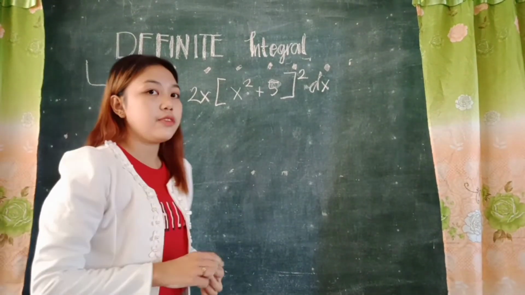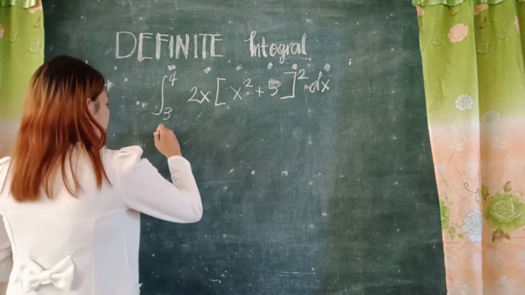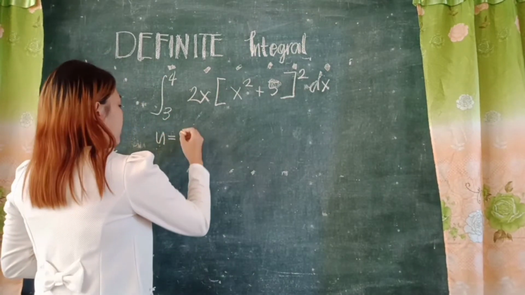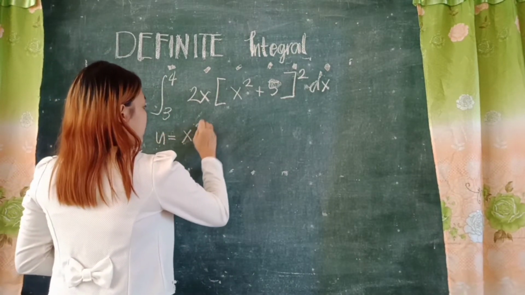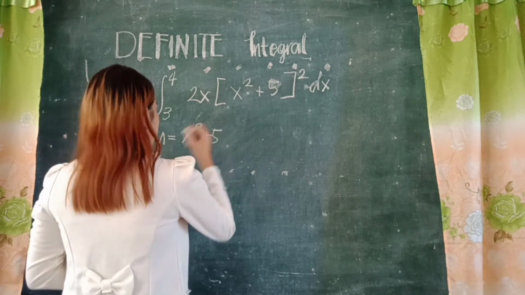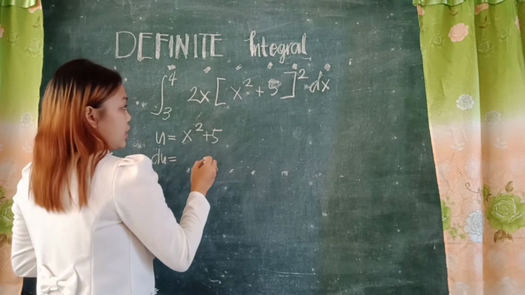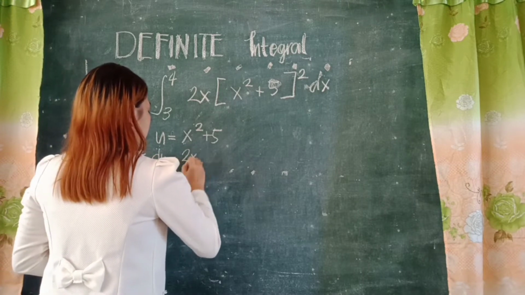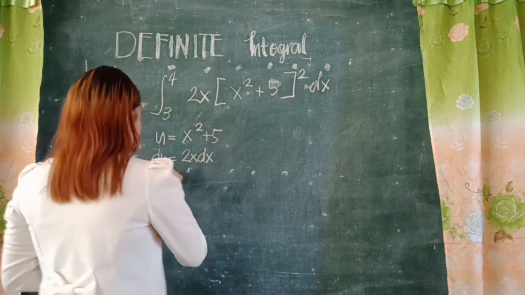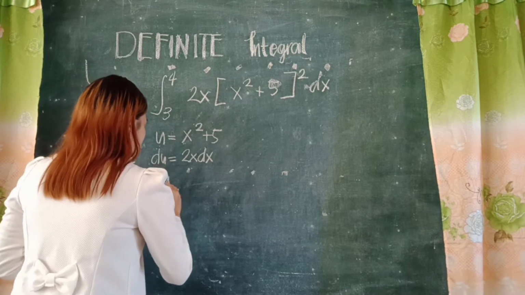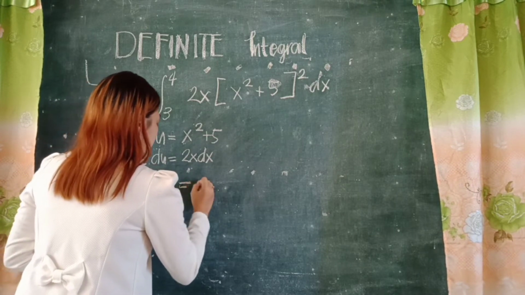First, we have to find the value of u. u is equal to x squared plus 5. du is equal to 2x dx, so du over 2x is equal to dx.